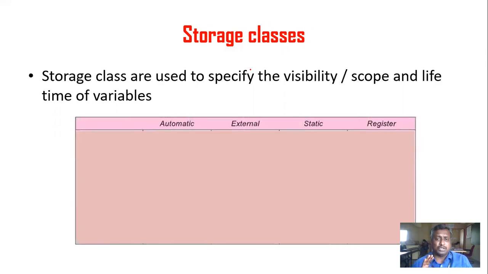What are the storage classes? We have four storage classes called automatic, external, static, and register. We know that variables are generally used as a container to store a value, and what value we store depends on the data type we use. In addition to that, to specify the visibility, scope, and lifetime of a variable, we use these methods: automatic, external, static, and register.